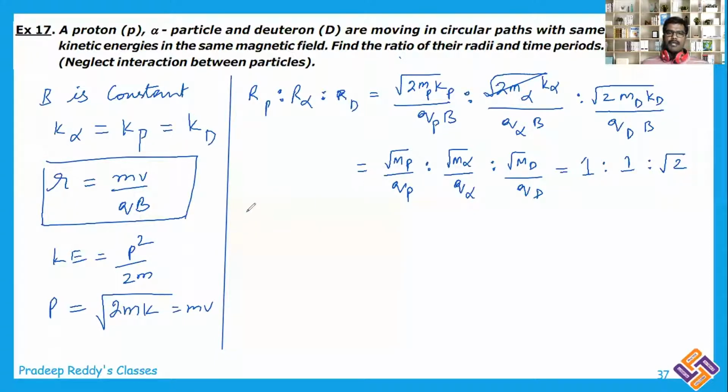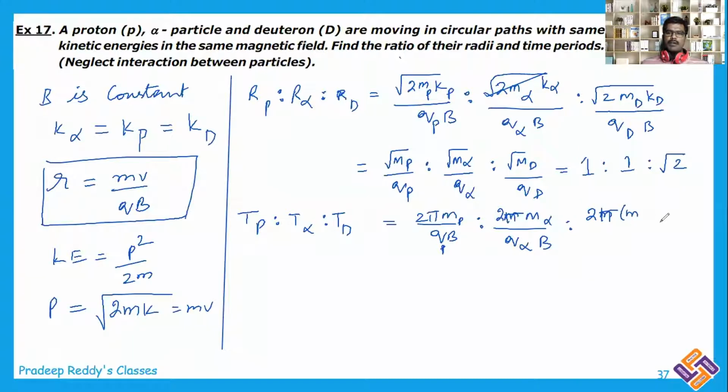That is the equation for the radii of the charged particles. And next you are supposed to find out the time period. Time period of proton is to time period of alpha particle is to time period of deuteron, which is equal to 2 pi m divided by qB. Here qp and mp, that is to 2 pi mass of alpha particle divided by q of alpha particle into magnetic field, that is to 2 times pi into mass of deuteron divided by q of deuteron into magnetic field.